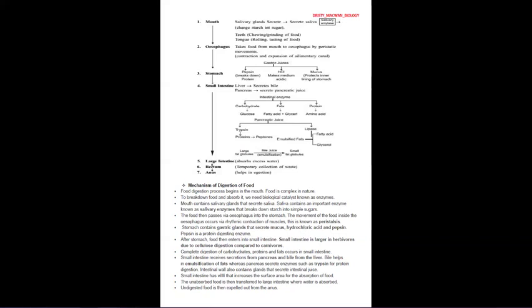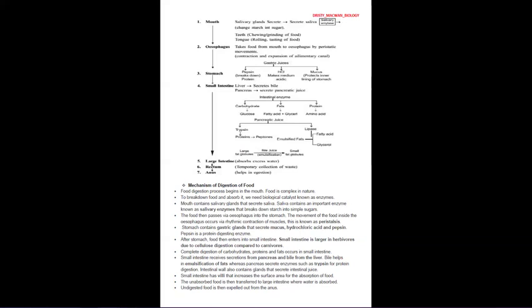In the intestine, there will be the secretion of the intestinal juice, and this intestinal secretion contains several enzymes. The carbohydrates are digested into their simpler form, that is glucose. The fats are converted into fatty acids and glycerol, and the proteins are converted into amino acids. In the same way, the pancreatic juice also contains several enzymes such as trypsin as well as lipase.